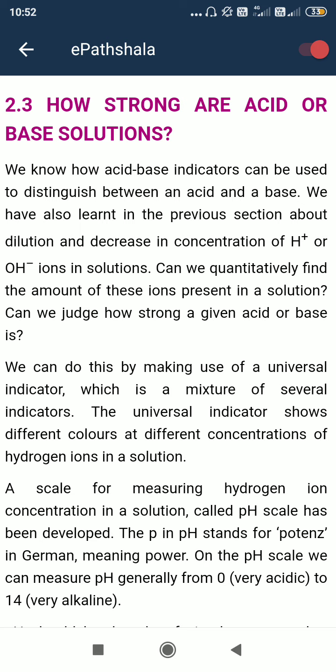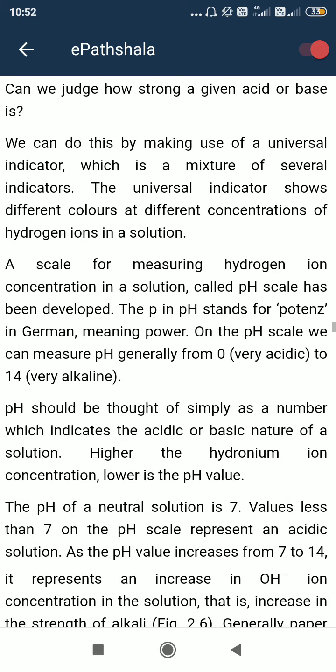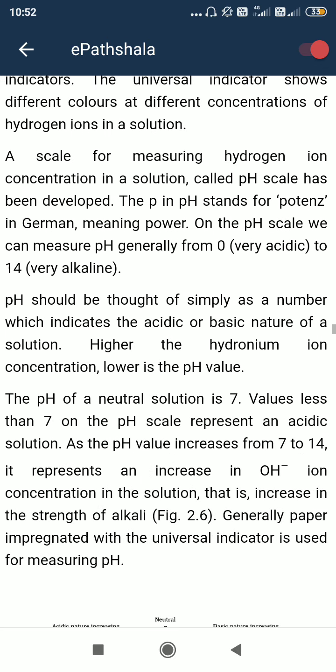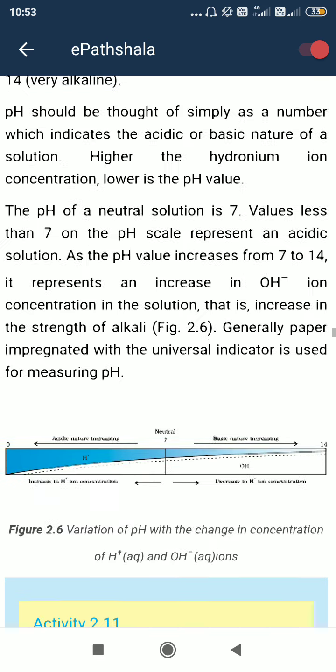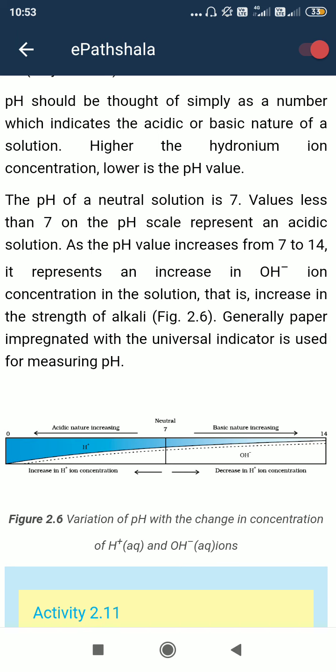So here you are interested to know how strong the acid or base solutions are. For this, pH is measured. The full name of pH is potency of hydrogen ion, or we can say the hydrogen concentration, how much hydrogen concentration can be given by some acid or some base.